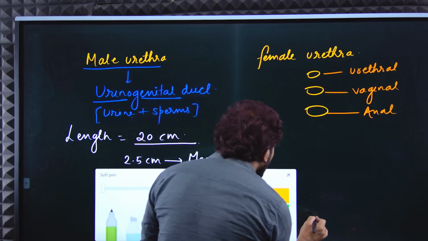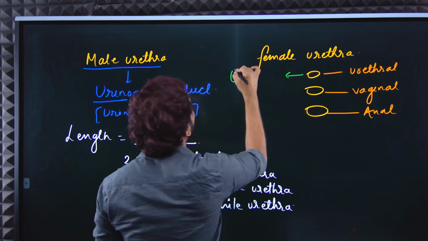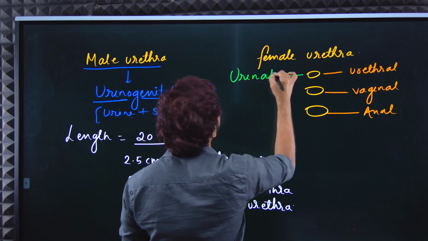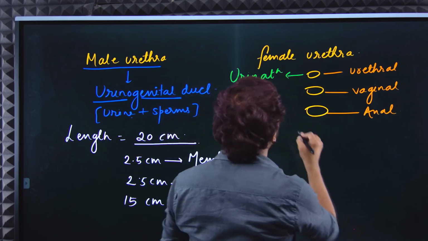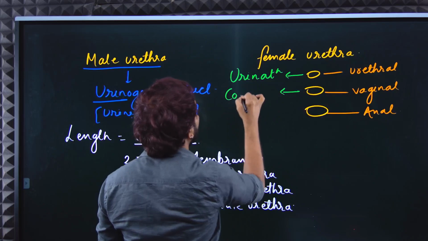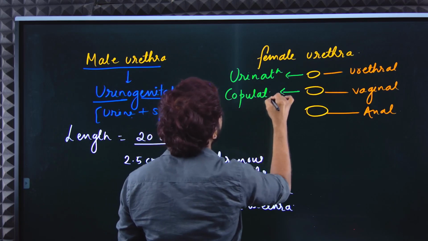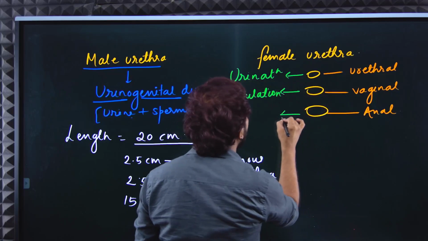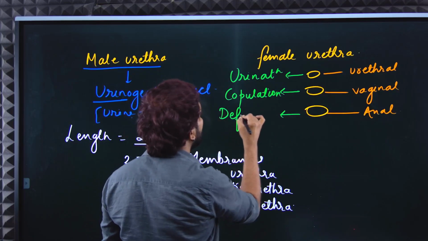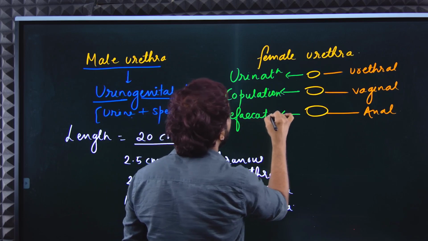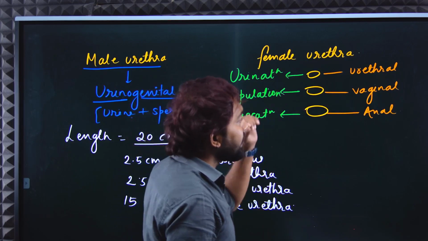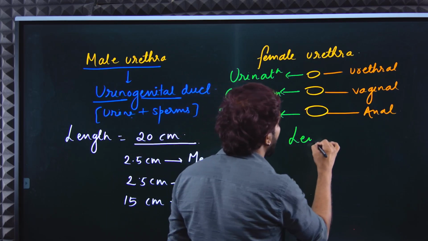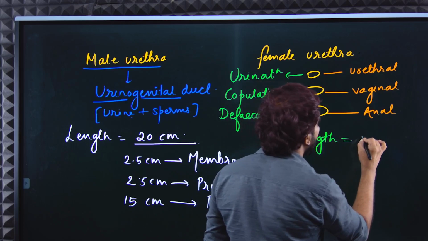The urethral opening is for urination or micturition. The vaginal opening is for copulation, coitus, intercourse. And the anal opening is for defecation, removal of fecal matter. The length of the female urethra is just about 3 to 4 centimeter.